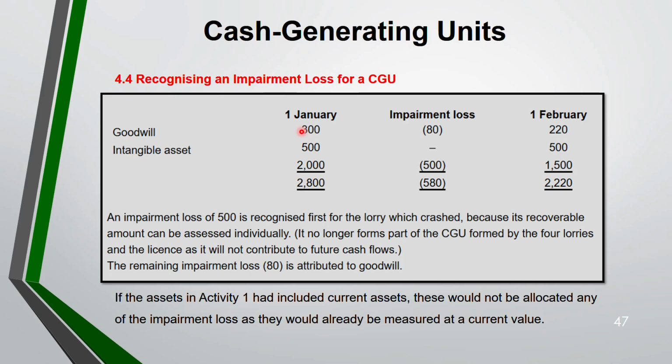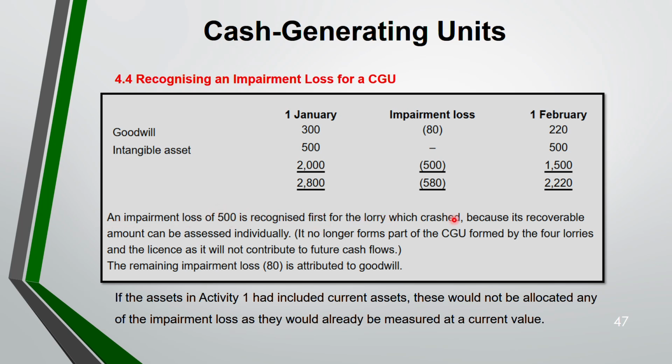Now let us go to the impairment. Your license has not been impaired. They did not say anything, so the license will remain 500 only. What is impaired is one, your goodwill, and two, your lorry. An impairment loss of 500 is recognized first for the lorry which crashed.